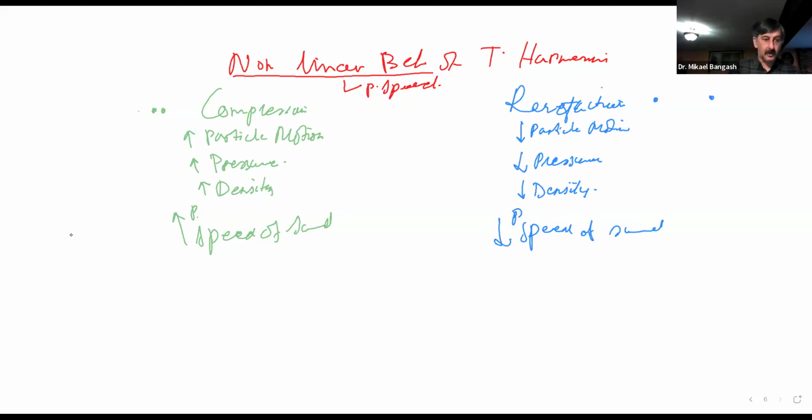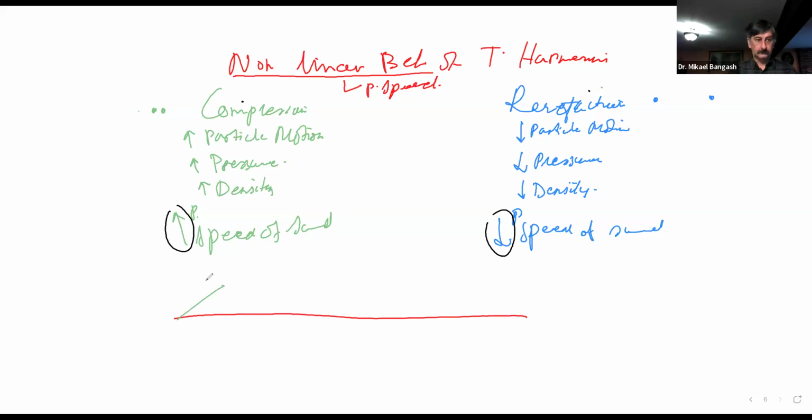That makes sense. Due to this being greater and this being lesser during the two different stages, the speed of sound is not going to be a straight line like this, but rather up and then down, up and then down.